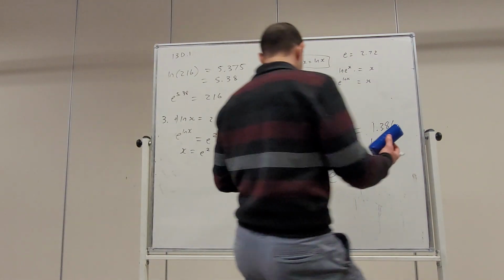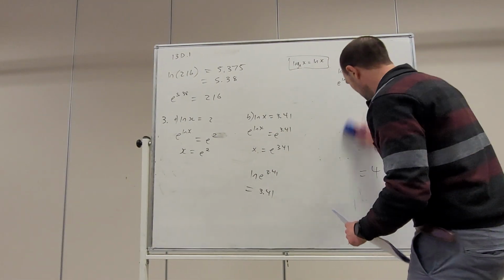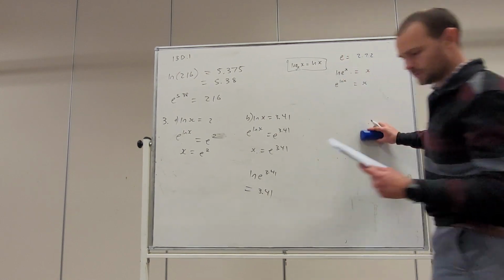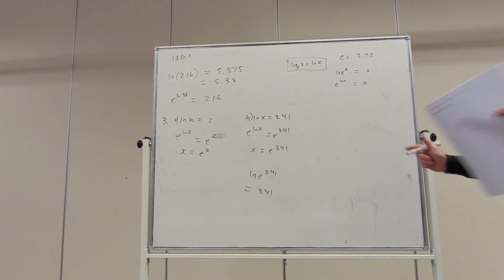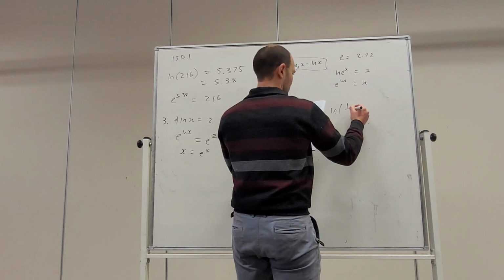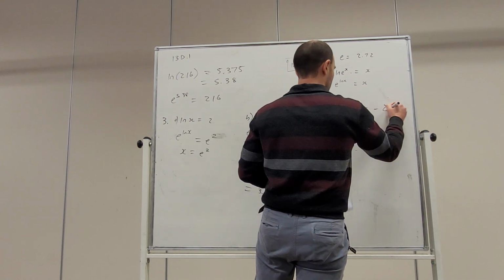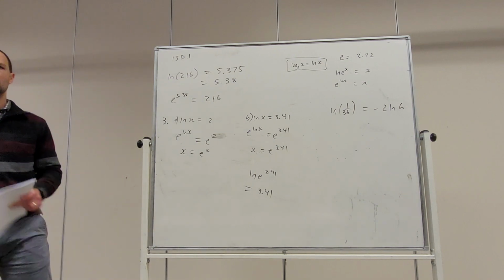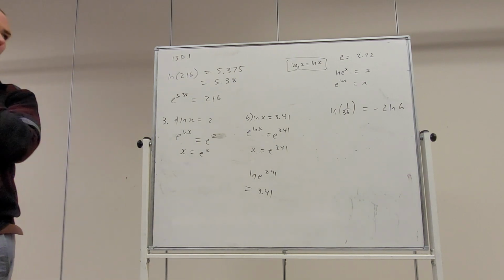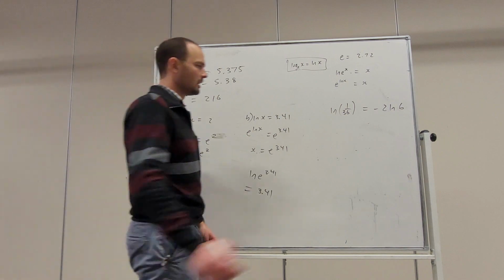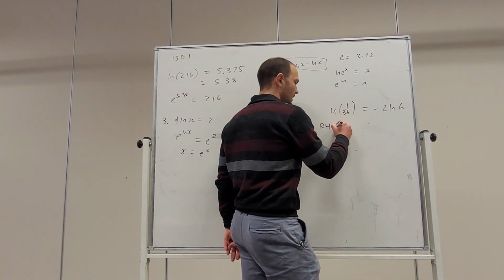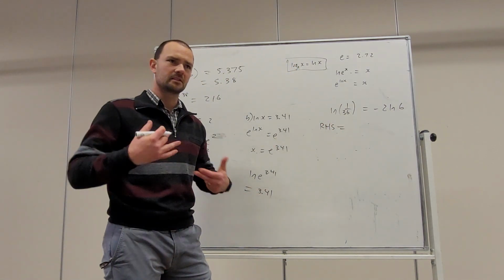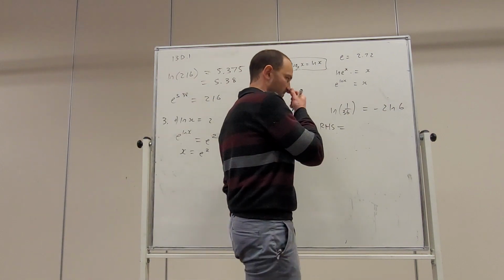And the very last one, we've got to show that ln of 1 on 36 equals minus 2 ln 6. So we need to demonstrate that this is true. We're going to start either with the left-hand side or the right-hand side, doesn't matter. This time let's start with the right-hand side, and we're going to manipulate it until we get the same thing we have on the left-hand side.